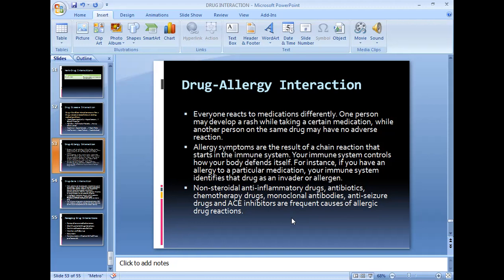These are the drugs which are frequent causes of allergic drug interaction. So allergy can also cause drug interaction, but such interactions are specific to individuals who are allergic to such drugs.